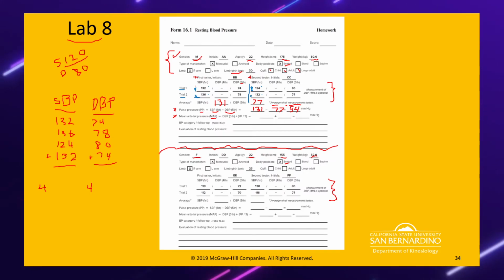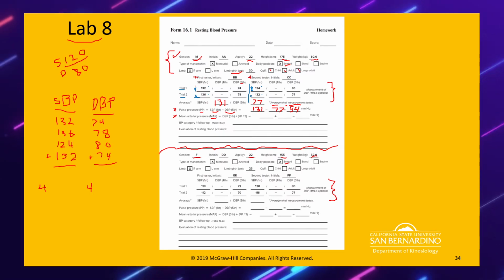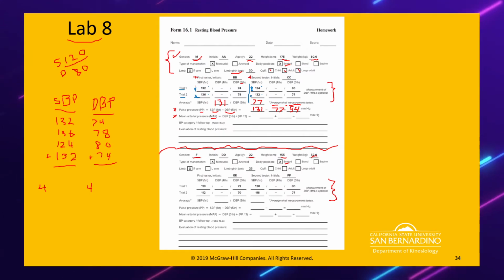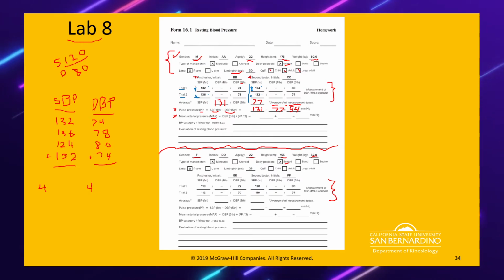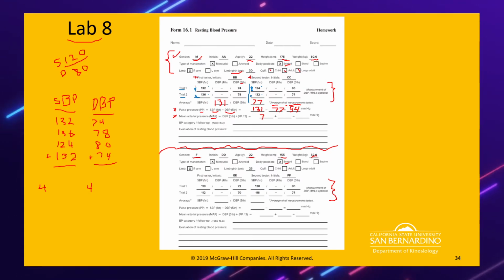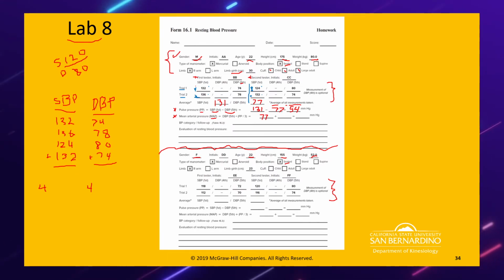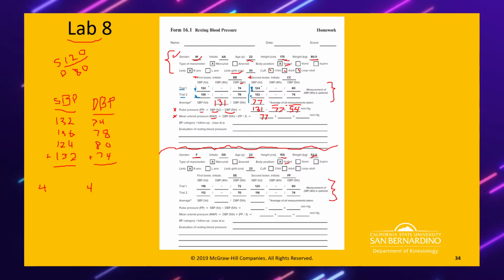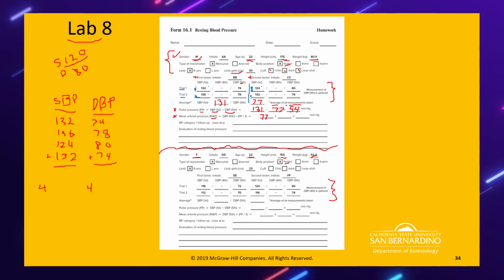Now, it's a little bit more tricky, but still pretty straightforward. Just follow what is being asked. So we're going to take the fifth sound, the diastolic sound, which was 77, and we're going to take the pulse pressure divided by 3, which, let's get our calculator out again.